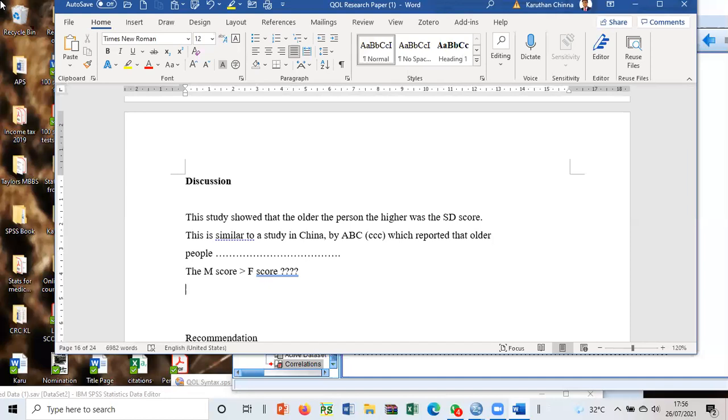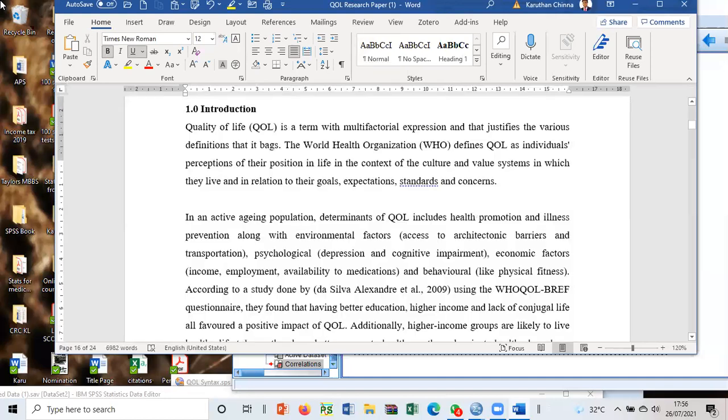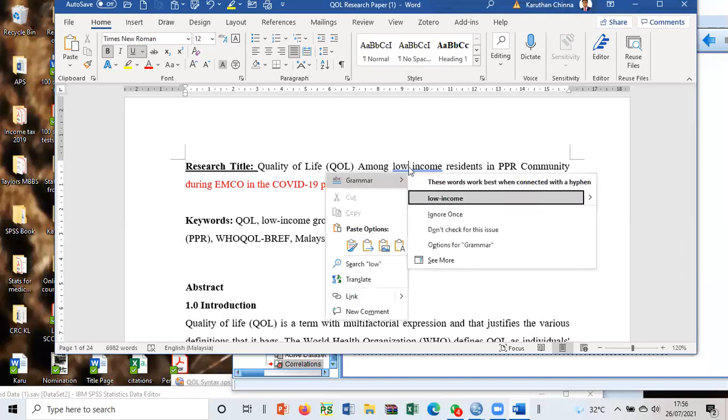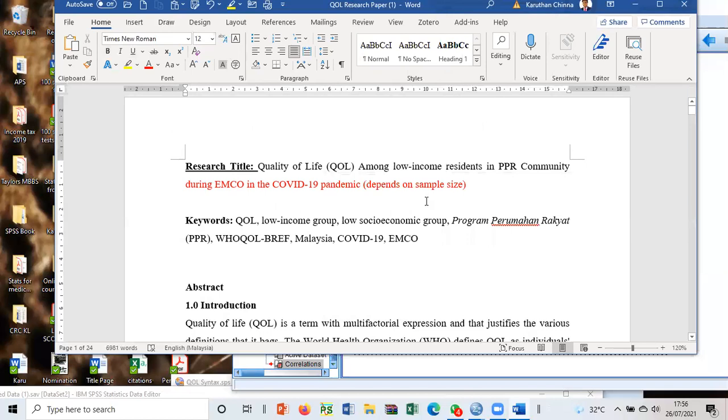Here we are emphasizing the low income, how low income residents could be different from the general population. Low income and PPR community, we are emphasizing this.